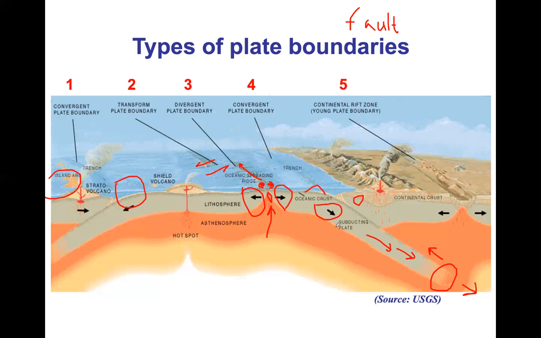So because of the return of this slab, that is happening. And at the same time, during the subduction, this part gets heated, and also by frictional forces, it tends to melt the existing materials around here.